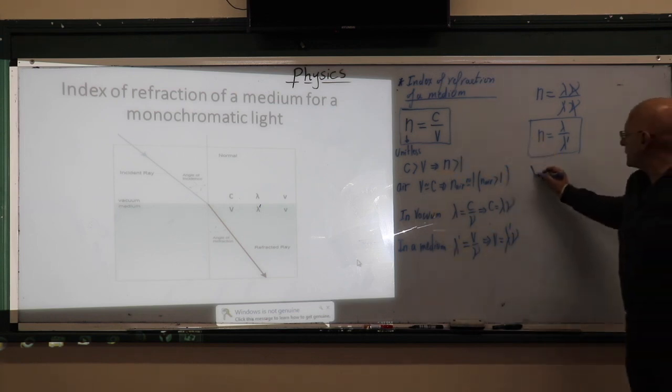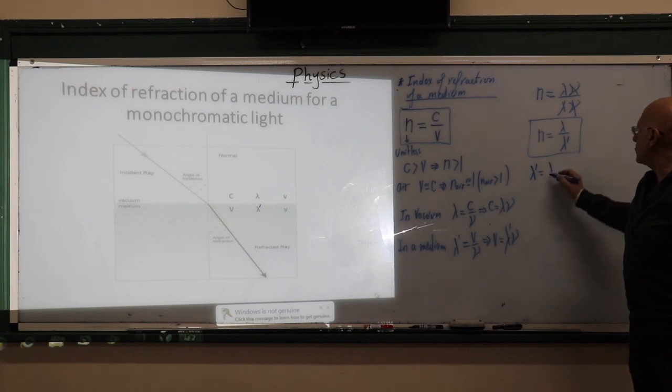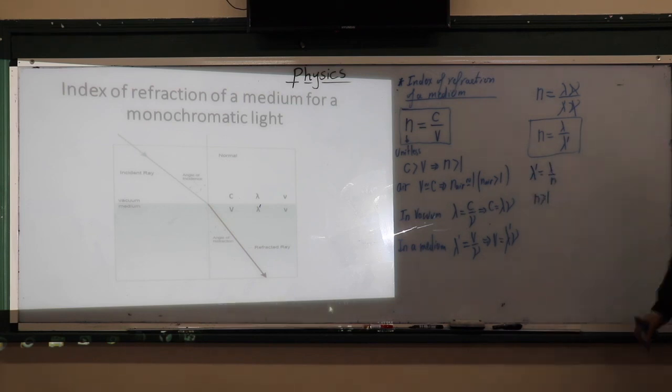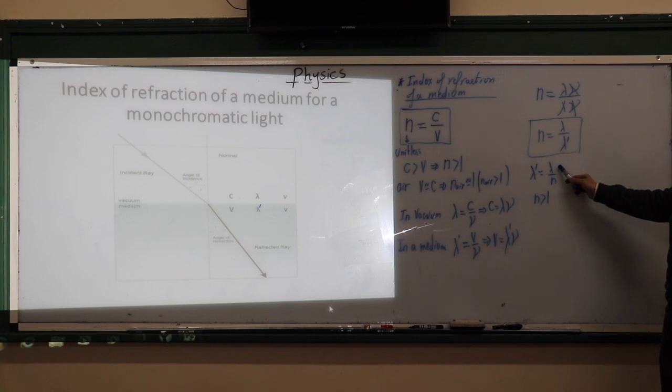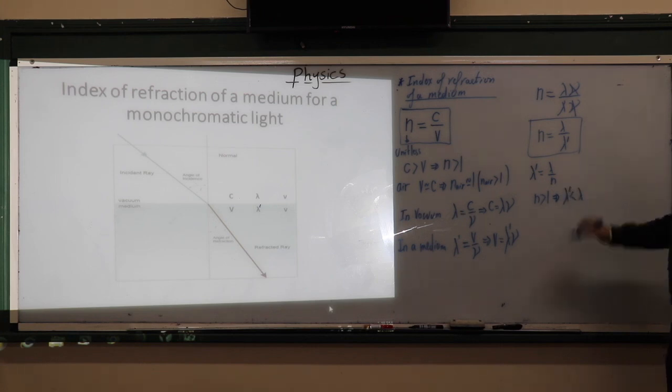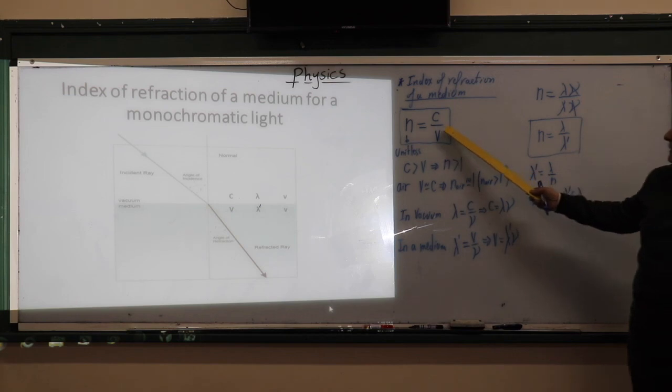Now notice here, lambda prime equals lambda over n. Since n is greater than 1, dividing a number by a number greater than 1, you get a result, lambda prime, less than lambda. Okay, and this is seen from here.